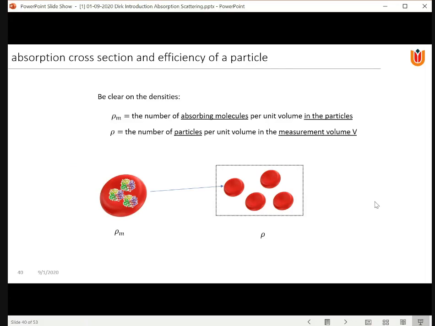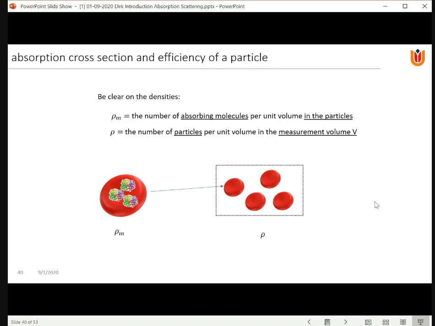The first thing, and I have to be very clear on this, is that I have to use two types of densities now. I'm still sticking with rho m, the number of absorbing molecules per unit volume inside the particles, and I'm going to talk about rho, the number of particles per unit volume in a measurement volume V. So the absorbing molecules are contained in the particles, and the particles are contained in a larger volume.